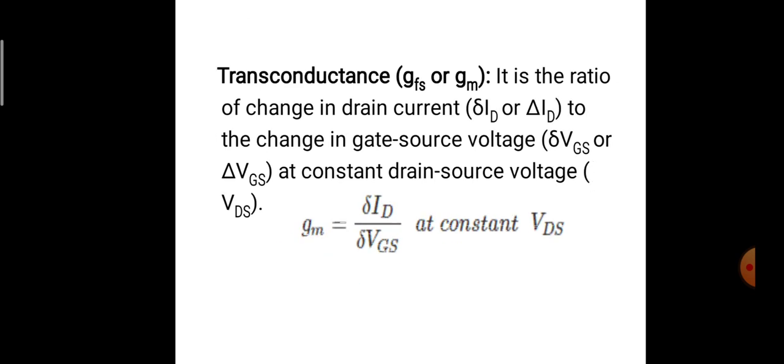Transconductance. It is the ratio of change in drain current to the change in gate source voltage at constant drain source voltage. The mathematical form of transconductance gm equals delta ID divided by delta VGS at constant VDS.